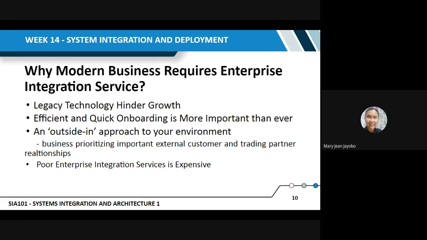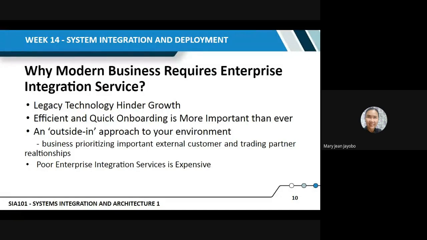So yan yung goal dapat, no? Quick onboarding. So faster partner integration also drastically increases visibility across the ecosystem. When we say ecosystem, we are talking about yung technology, no, that are being used in the industry. Okay? So complete transparency during the onboarding process starts your business relationship off on the right foot.